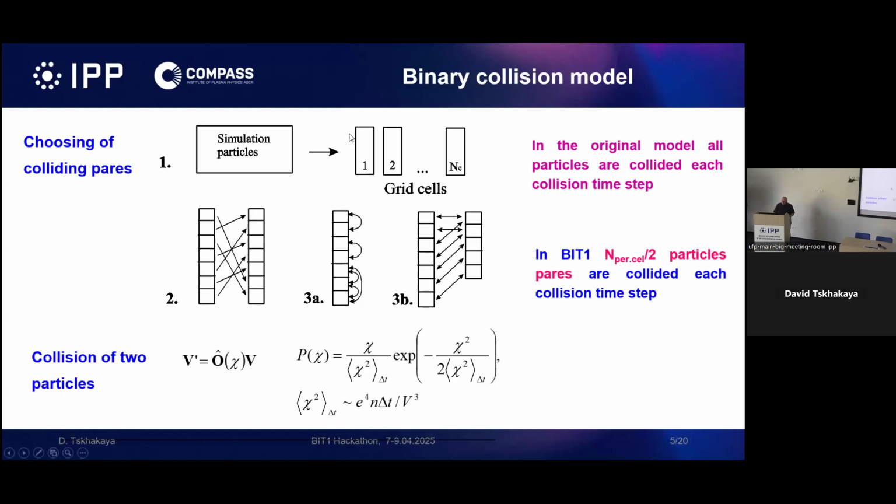So what you do is collide particles inside grid cells, assuming that it's somehow near to colliding particles inside the lambda_D area. In Takizuka's model, you have particles in this grid cell and you find pairs randomly. This particle comes here, this particle comes here. For each particle you have a corresponding pair.